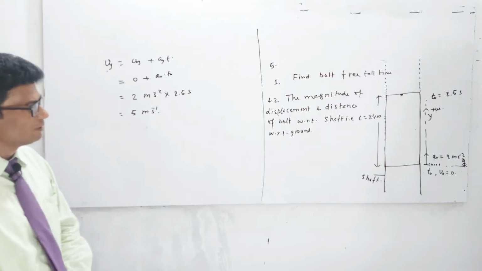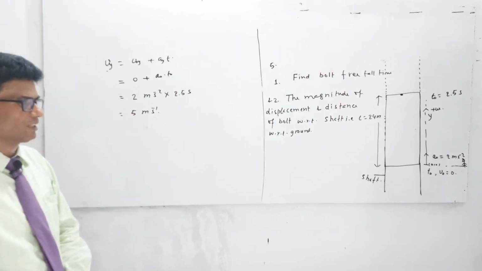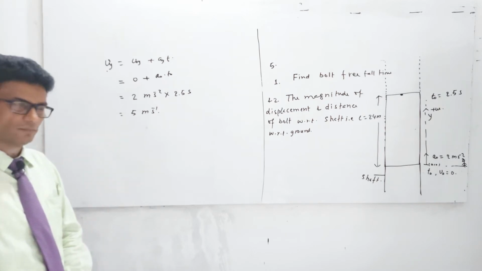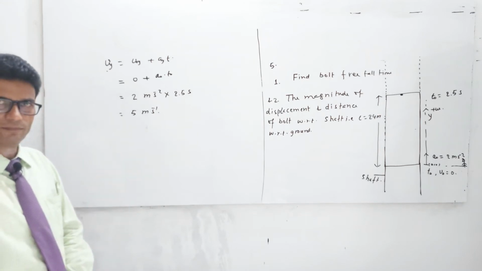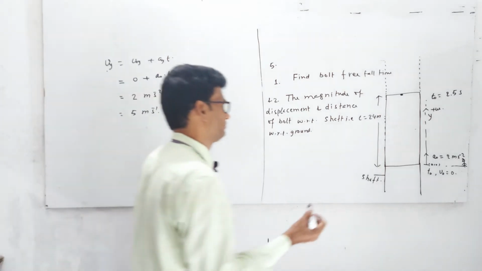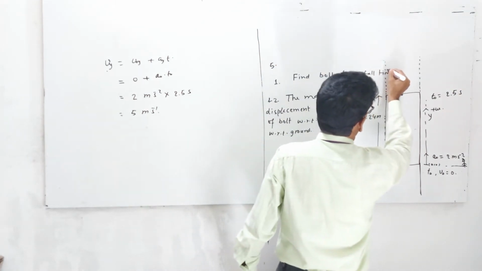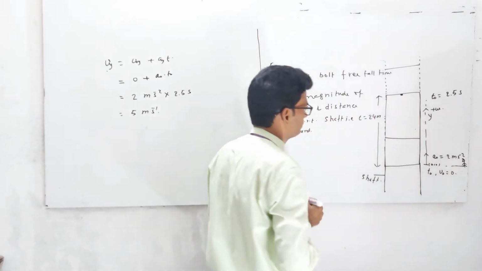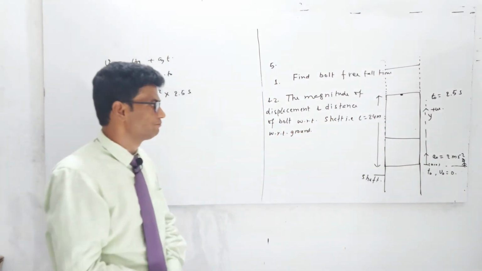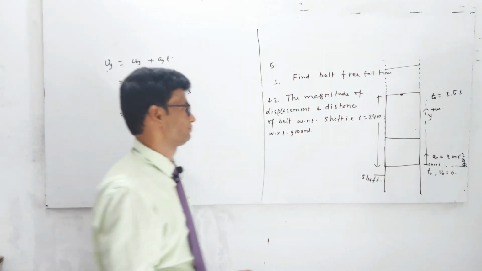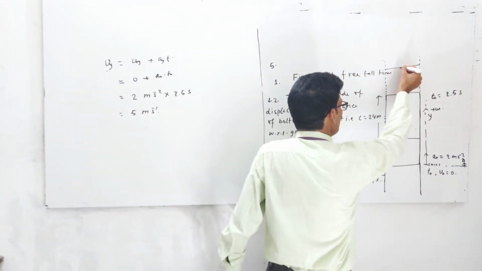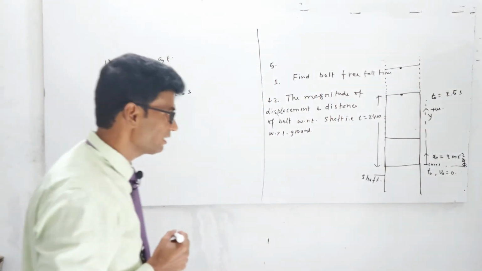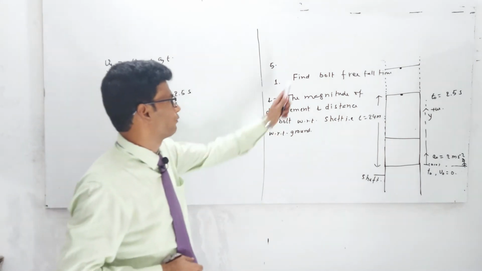Obviously, during this time the cabin and the bolt have moved some distance upward. Suppose this is the situation of the cabin along with the bolt after time t0 equal to 2.5 second. At the same time the bolt is detached and we have to find the free fall time firstly.